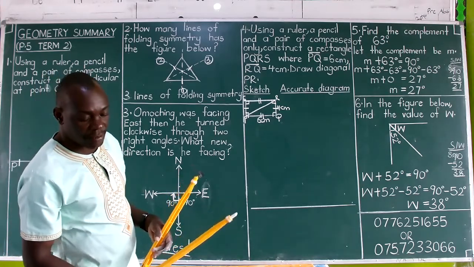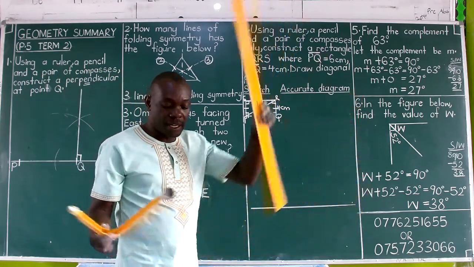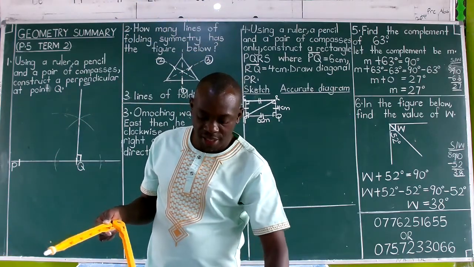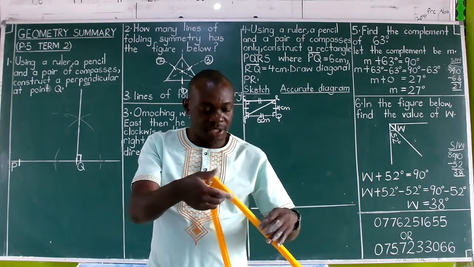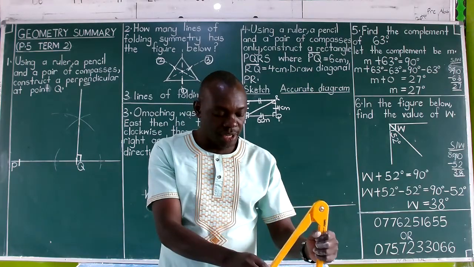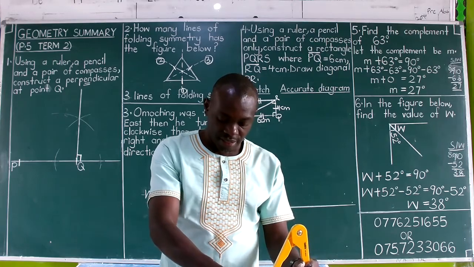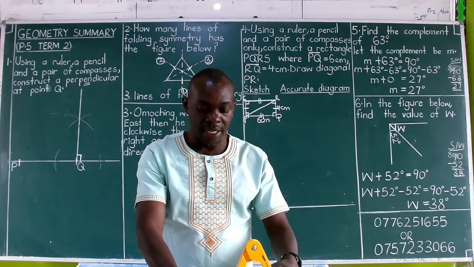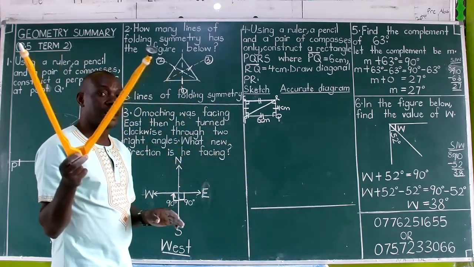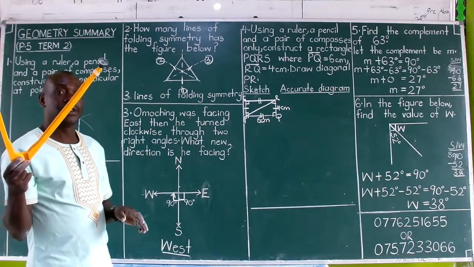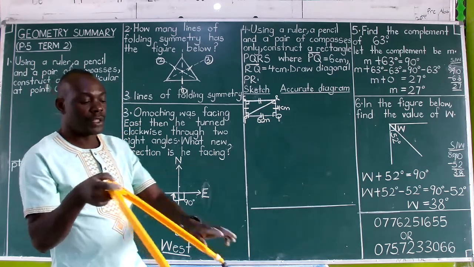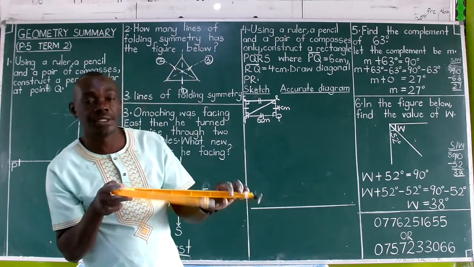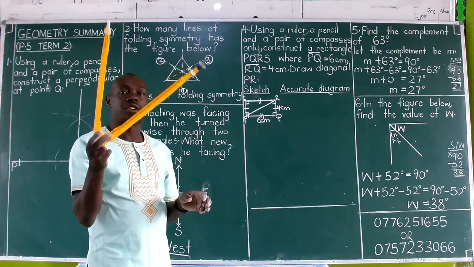PQ is 6 centimeters. We go to our ruler where the centimeters are and measure 6 centimeters. Go up to 6. Mine has made a 6 centimeter length. Has yours? If not, go back to the ruler and measure 6 centimeters. Good, you have made it. I'm showing you.